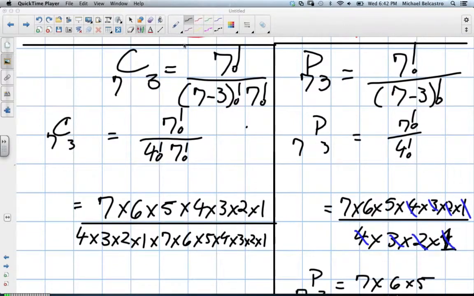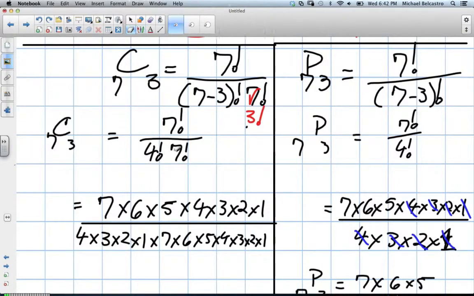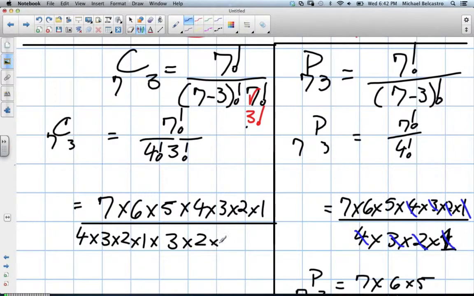The r term is not 7. It's 3. So it should be times 3 factorial, which means the bottom of this is not from 7 to 1. I knew this wasn't going to make sense because it's going to give us a very large fraction. I made an error there. This should be by 3 by 2 by 1.